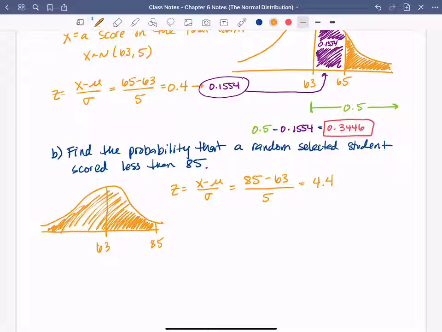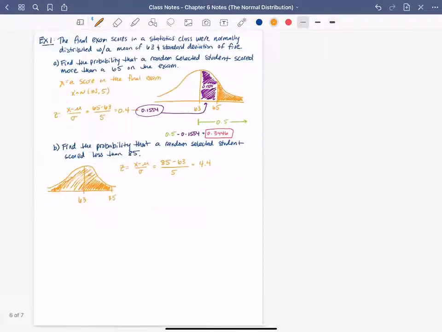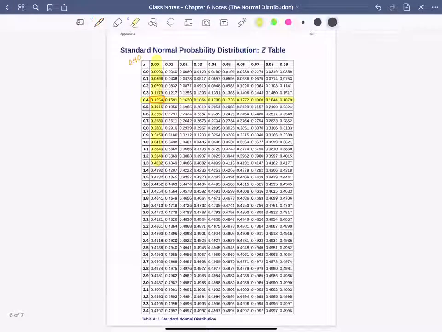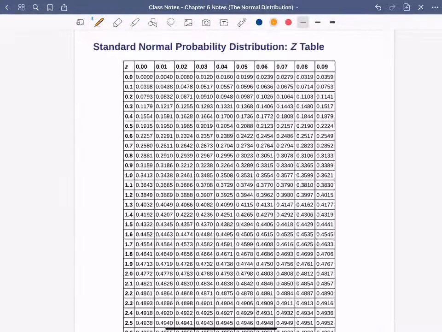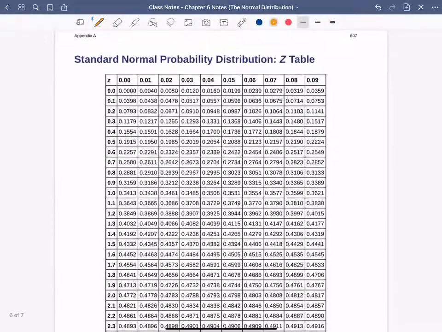So now we go to our table. So let me erase what we've done before. Okay. Let's look at our table. So the value we're looking for now is 4.4. So we look here, this first column, remember it tells you your whole number and then your tens place.